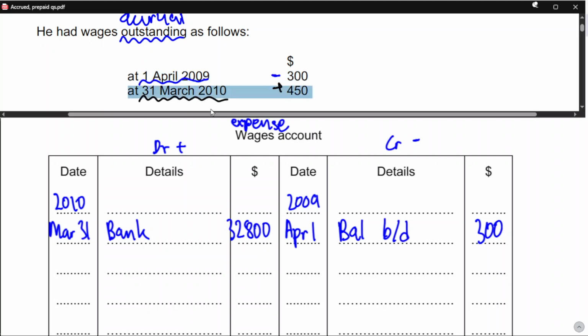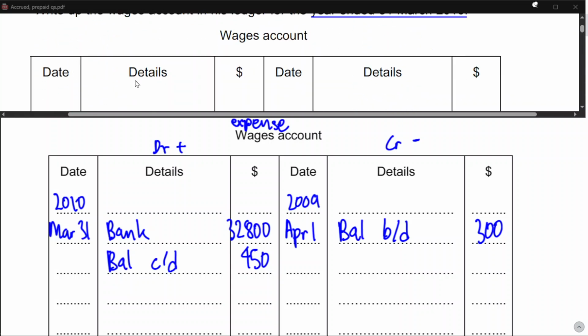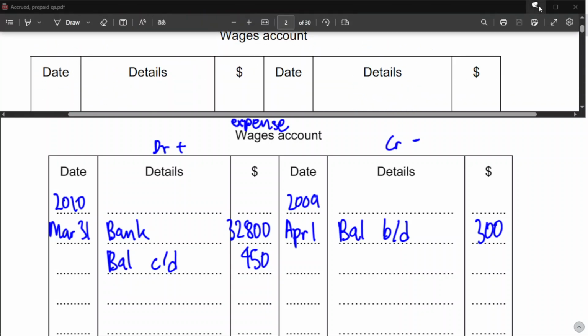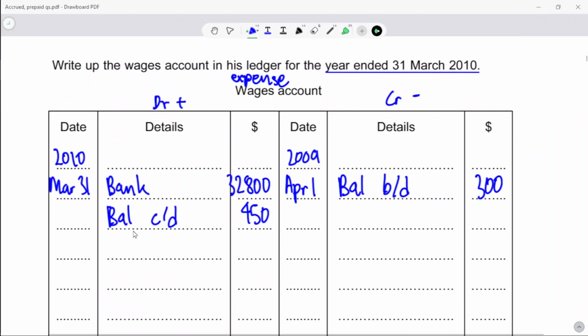Then let's see the second one. Plus 450. This one will be the last day, so this one will be balance CD. Then let's close the account.